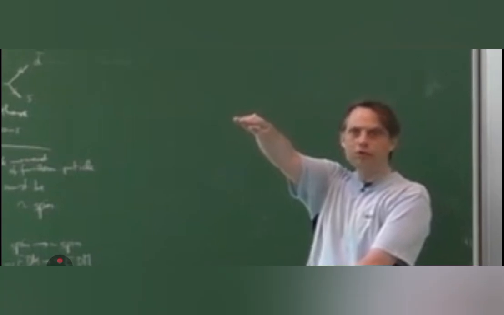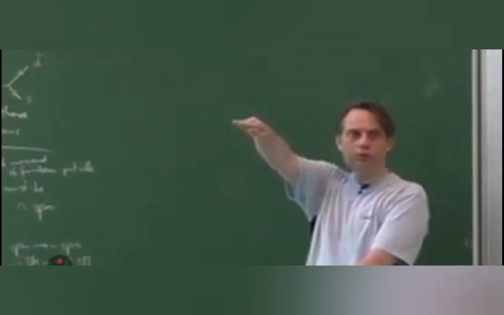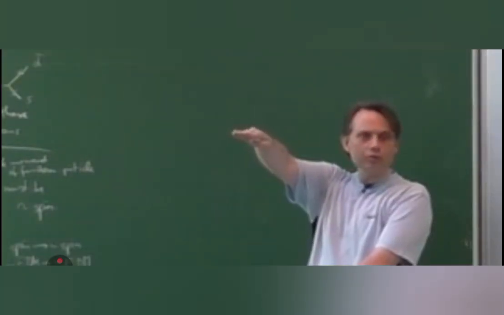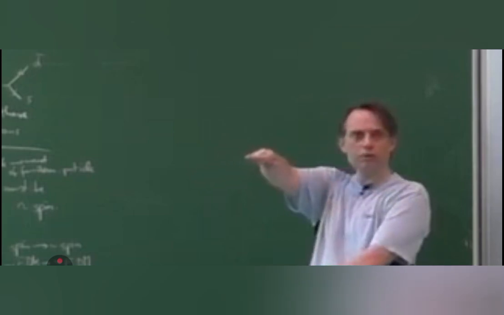And therefore, as a consequence, under time reversal, the electric dipole moment would also have to change its sign. However, you measure an electric dipole moment by applying a homogeneous electric field, and under time reversal, homogeneous electric fields do not change their sign. Therefore, the interaction energy between the particle and the electric field changes its sign under time reversal.